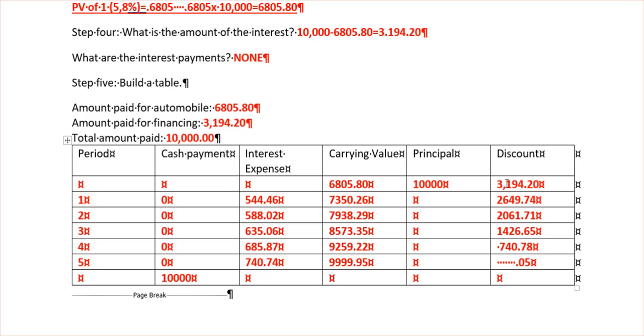In this instance, it was at a discount, which means our carrying value is going to be increasing up to the amount that's going to be repaid, or the 10,000. So if carrying value is going up, interest expense is also going up. And the relationship between interest expense and beginning of period carrying value is always going to be a calculation of 8%.